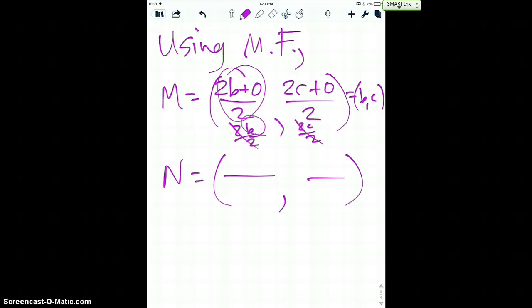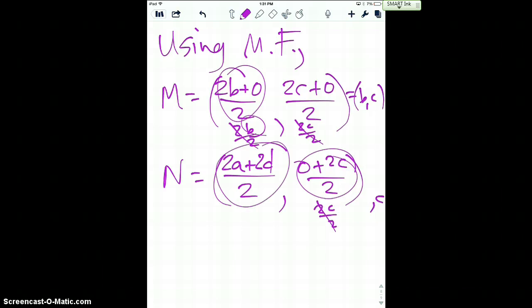And point N, same idea, different numbers. I have my x coordinates, so I'm going to add them together, 2a plus 2d, all divided by 2. And then I have my y coordinates, 0 plus 2c divided by 2. This part's easy because it's 2c over 2, which is c. But then here, I have both of these being divided by 2.